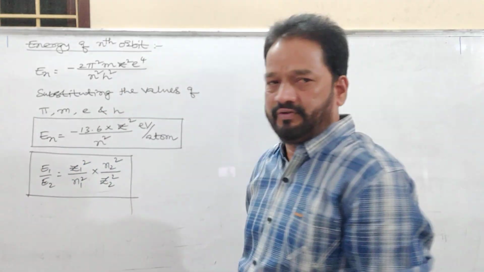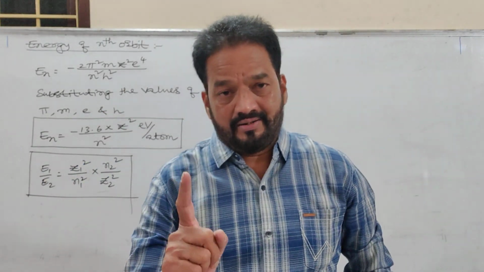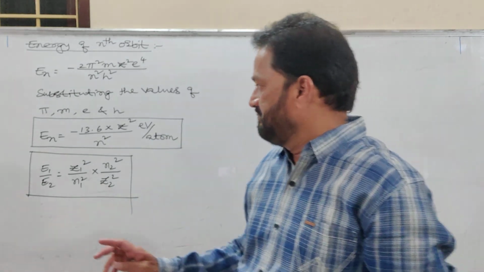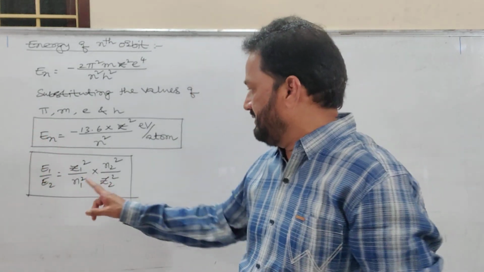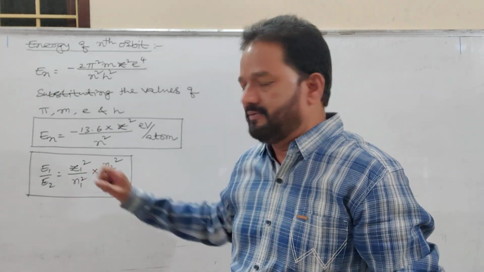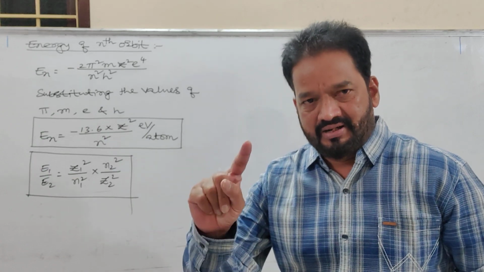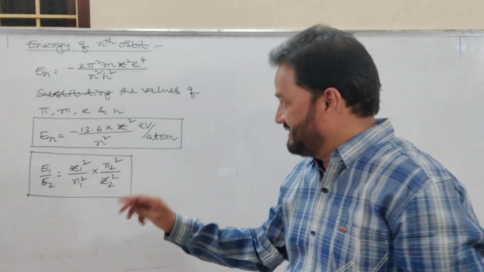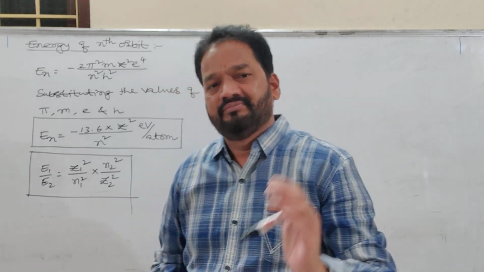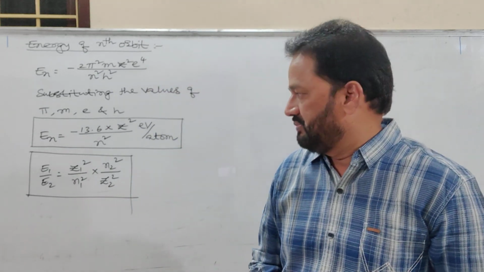So it is useful even when the IP value is asked, and at the same time the energy of an atom in so and so orbit, and you know its atomic number. Then they ask, what is the energy of another atom, X atom, in a particular orbit? You can find it.